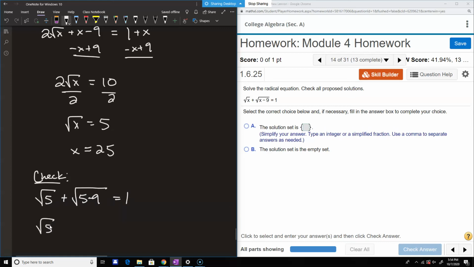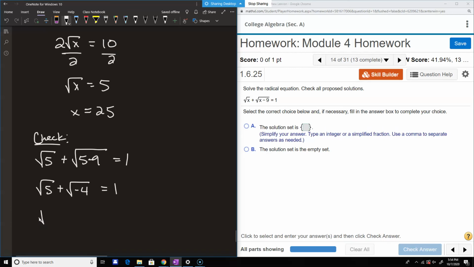This would be the square root of 25 plus the square root of 16. Does that equal 1? I don't think so, because this is 5 plus 4. That's not equal to 1. So that solution doesn't work. Well, that was our only candidate solution. If it didn't work, that means this equation actually has no solutions.